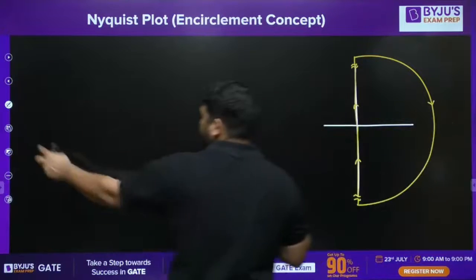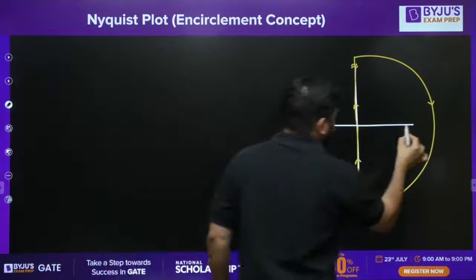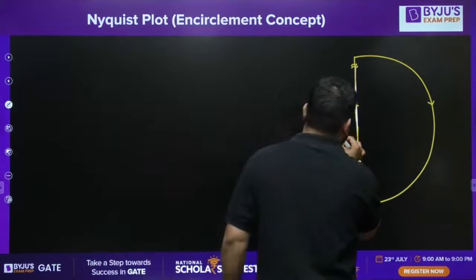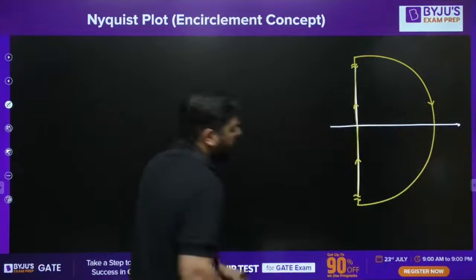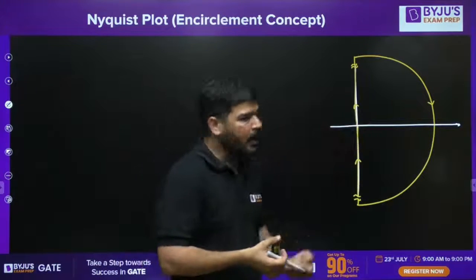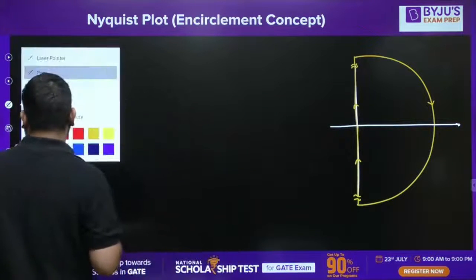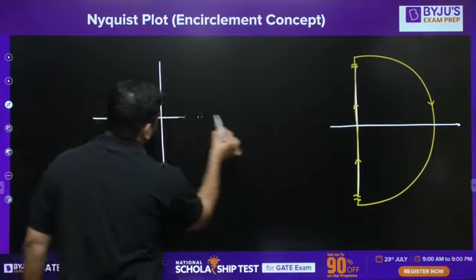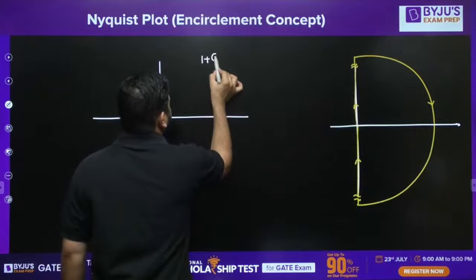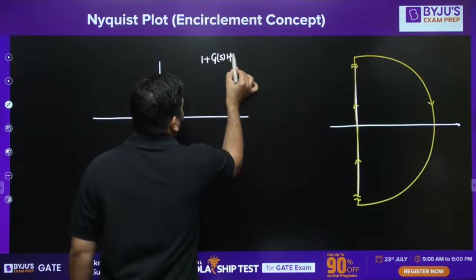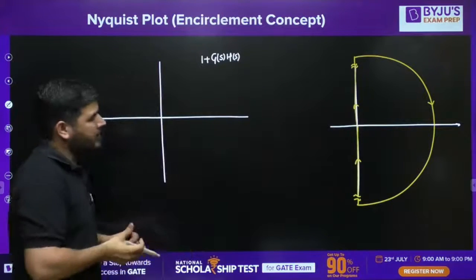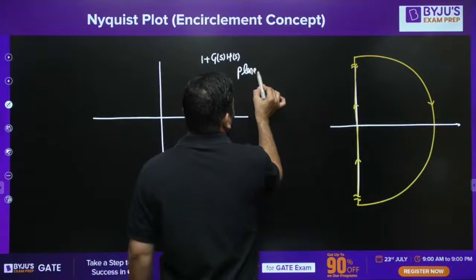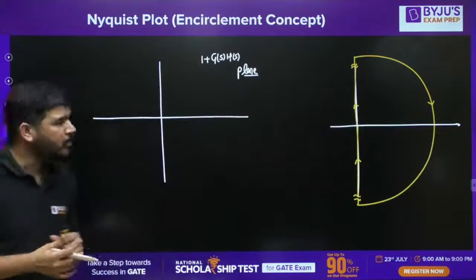And what I'm doing is mapping this S-plane contour into the 1 plus G(s) plane. Guys, be careful.